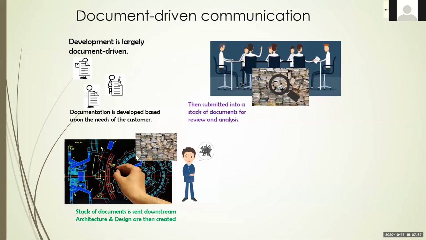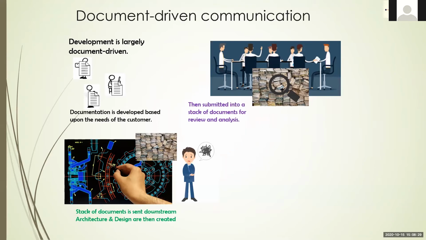Then we pass that information downstream to the architects, and for very big problems you even have two groups, the architects and then the designers. They work on creating the models by reading the stack of documentation delivered to them by the customers. Poor guy, can you see his face? He's just saying, what?